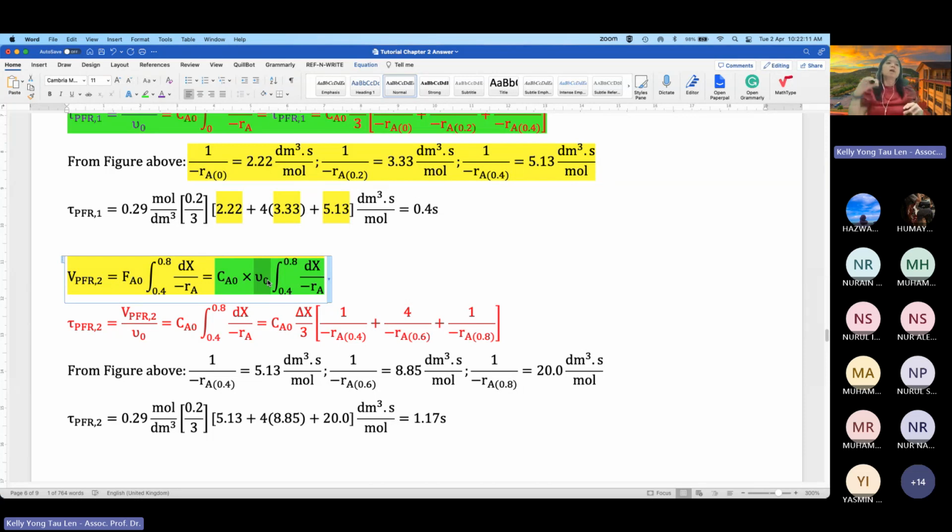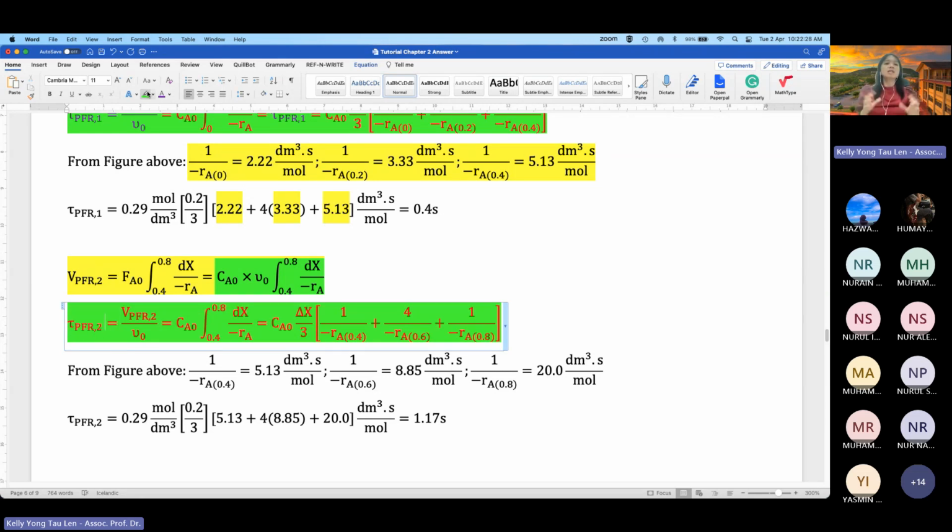Again, the epsilon naught on the right-hand side, I move to the left-hand side. When it was on the right it was at the top; when I move it to the left-hand side, it becomes the bottom. So you get volume PFR2 divided by epsilon naught, which is equal to the space-time for your second reactor.